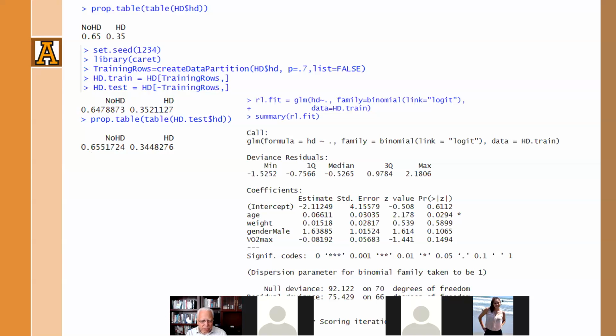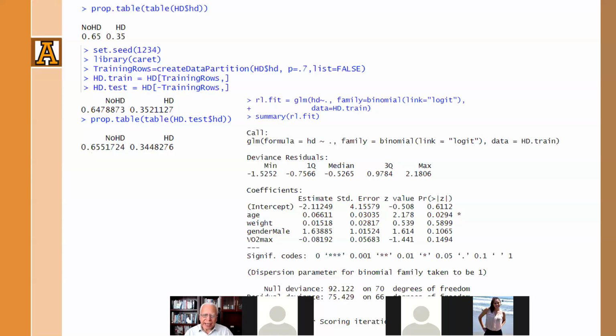To fit a logistic regression model, we're using the function GLM. GLM stands for generalized linear model. So we'll use the GLM function, and I specify the formula. I'm saying heart disease, which is my response, HD, as a function of the rest of the variables in the file.